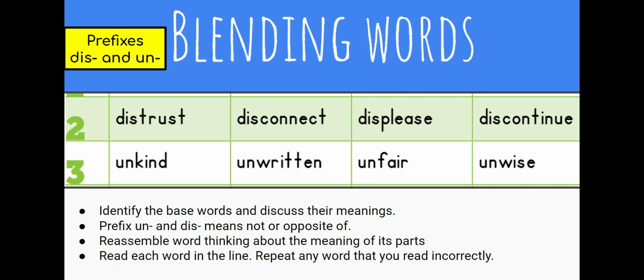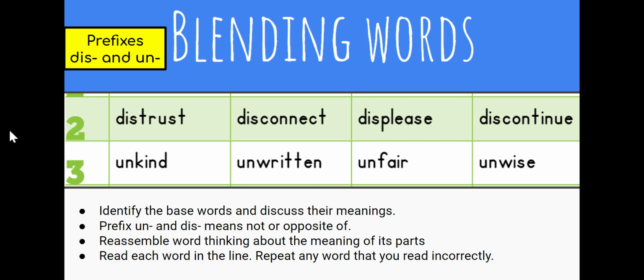I mean, it is not written. Okay, fair means just or balanced. If something is unfair, that means it is not fair. You've got it. Wise. Wise means to have knowledge. If something or someone is unwise, that means they are the opposite of wise.